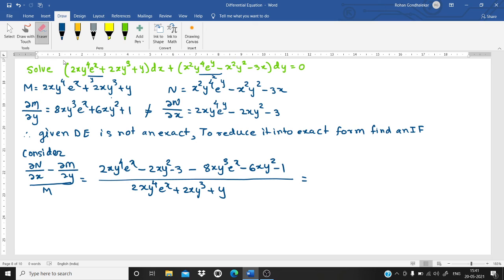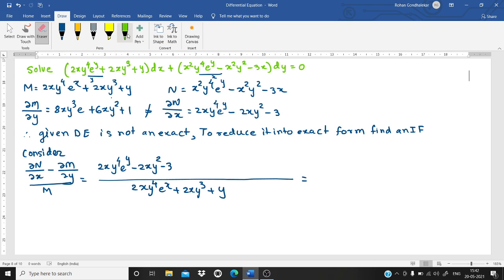Okay, just a minute, I missed that. 2x y raised to 4 e raised to y minus 2x y square minus 3. Actually this is also e raised to y, I missed that, but it's okay.